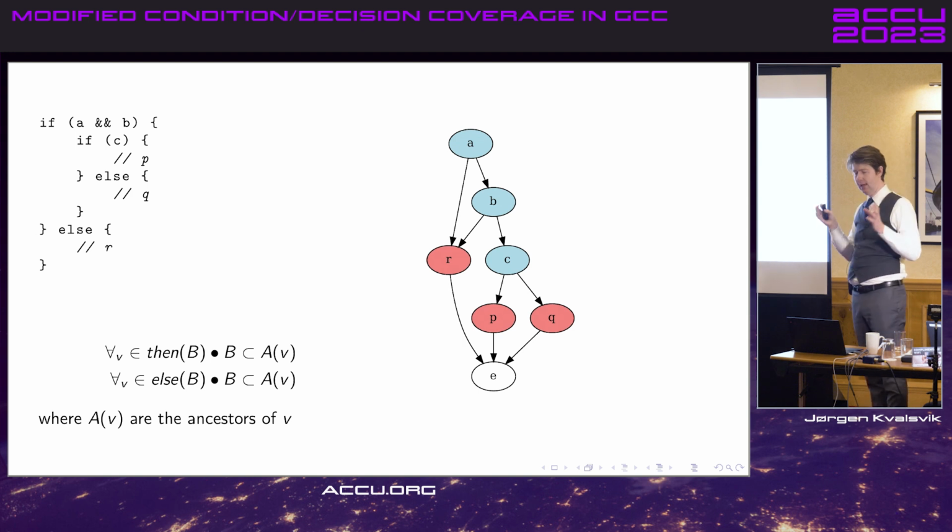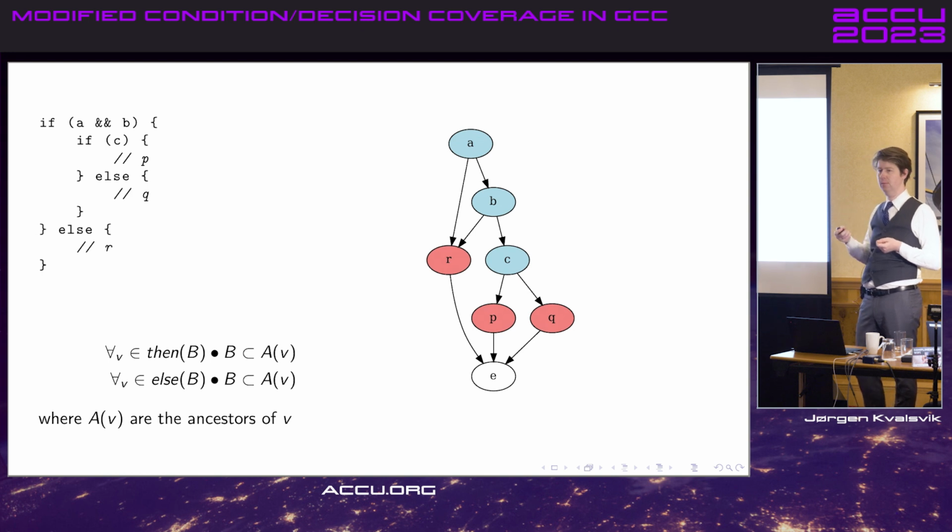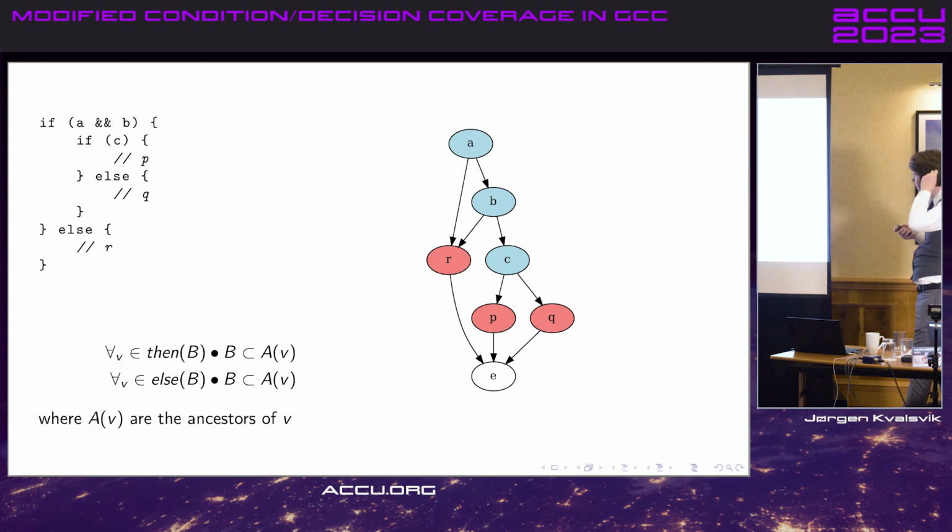Okay. So what you can notice is that if you look at the two outcome nodes, they should both share ancestor sets completely. And what that means is that if you're in the then or if you're in the else, you know that you have possibly evaluated all of the Boolean expression to get there, but nothing else. And it's the same conditions that go into both cases, right? So let's look at what's actually the set of outcomes here, which is R and C, right?